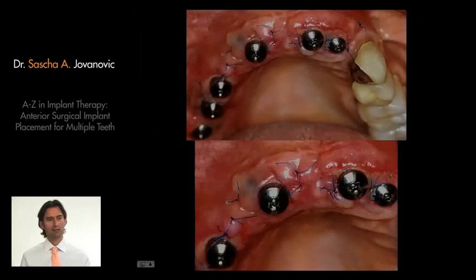And as you can see, the healing, once the healing abutments have been placed, is quite well. It incorporates itself in the buccal flap nicely. It revascularizes well. And the sutures are just holding sutures. And here I'm using 6-0 nylon to adapt and approximate the flap.